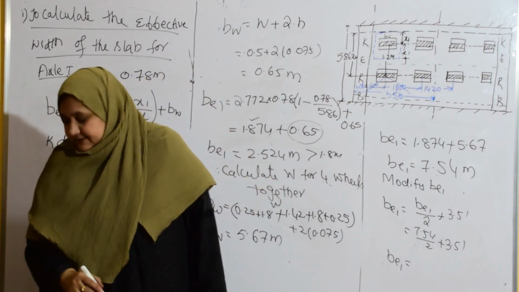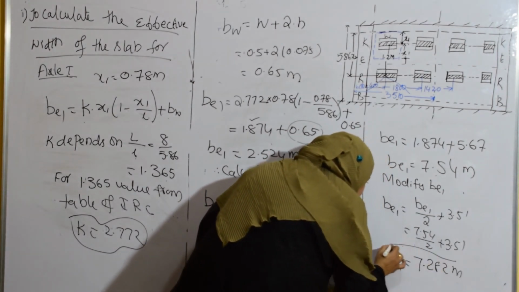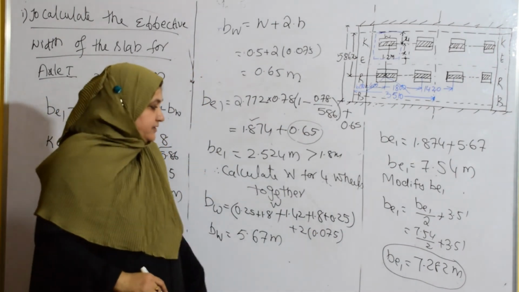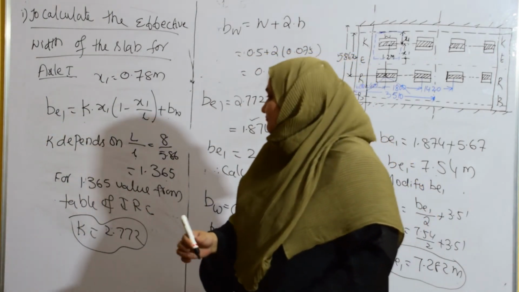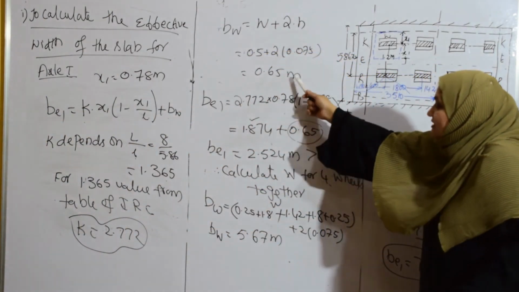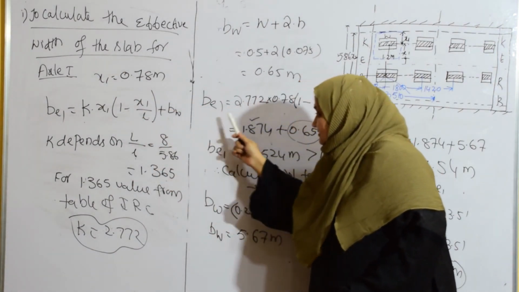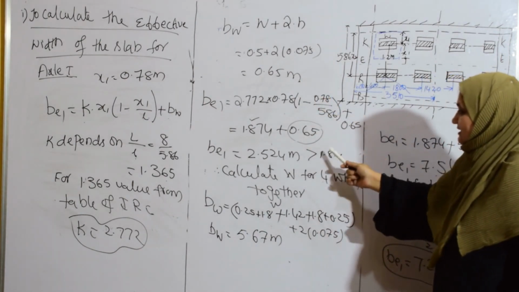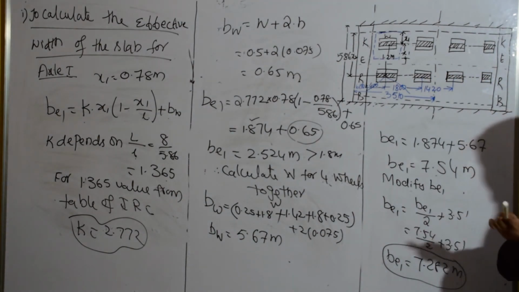For axle 1, it's coming out to be 7.282 meters. A little more than that, but we'll stop it here. It is 7.282 meter. The way you have calculated the effective width for axle 1, X1, BE1, then changing the value of BW, and then again modifying the value of BE1, we got BE1 as 7.282 meters.